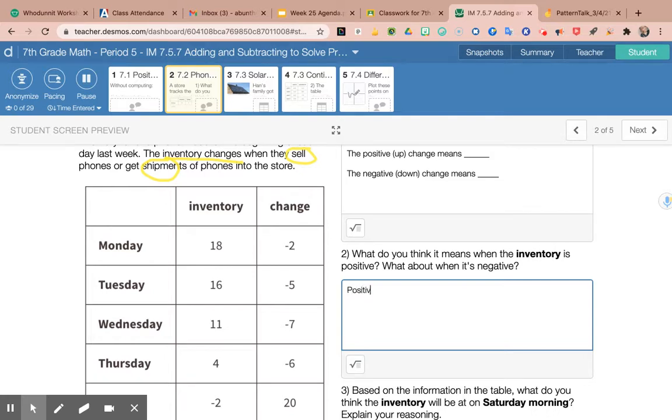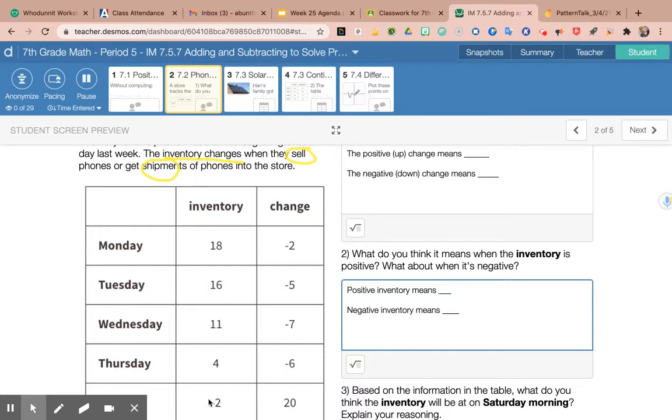Next question, it says, what do you think it means when the inventory is positive? So positive inventory means, negative inventory means. So think about it like this. If you go to the store and it says that they have 7 in stock, or their inventory is 7, it means they have that many phones. So positive inventory means they have those phones.